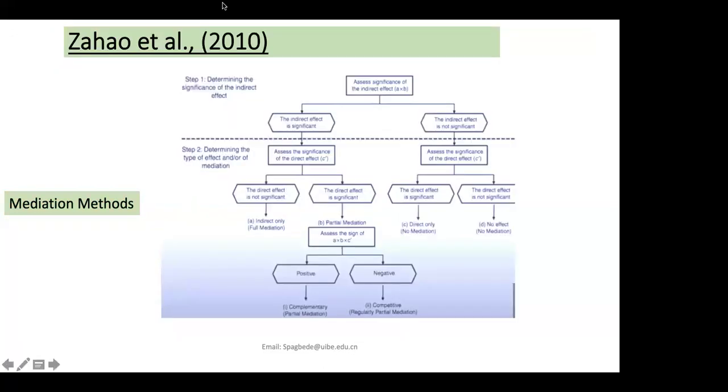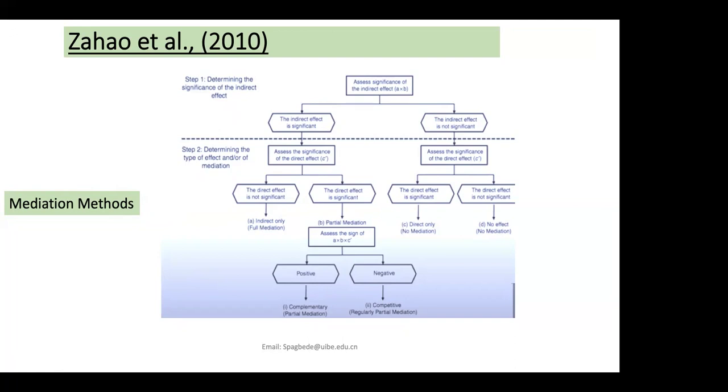Now, there is also another one. This one was introduced by Zhao et al., 2010. Step 1, determine the significance of the indirect effect. This one is telling us to look at the indirect effect. Is this significant?